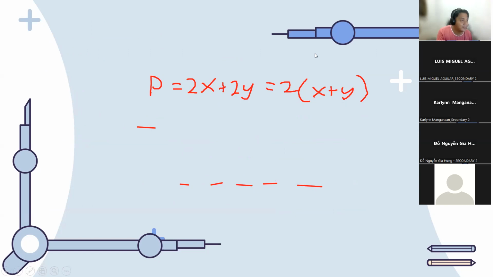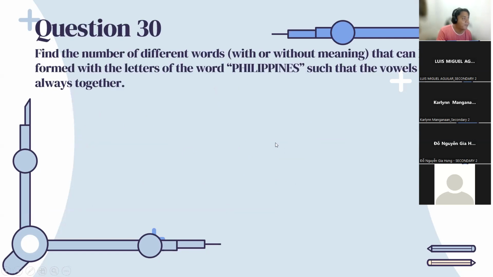And finally, number 30. Find the number of different words, with or without meaning, that can be formed with the letters of the word Philippines, such that the vowels are always together. Okay, so first, let's list the letters of the word Philippines. We have 3 P's, right? We have H, only 1.